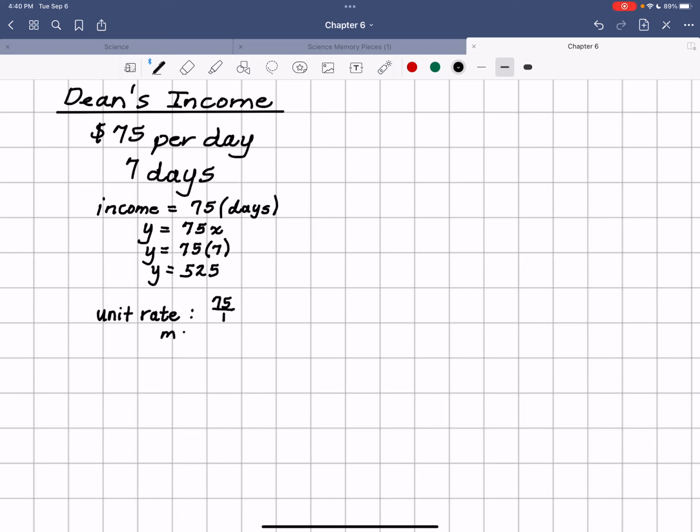That is also the slope, and that is also the constant of proportionality. Because if Dean works 0 days, Dean gets $0. So the 0-0 test is met.